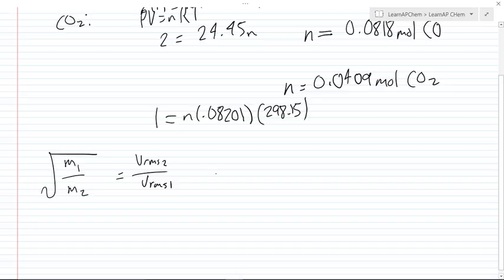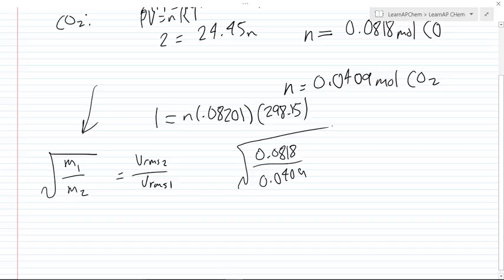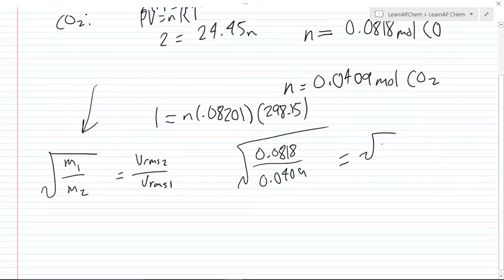Alright, so let's actually do this left-hand side. My m1 will be CO, so m1 is 0.0818 over m2, 0.0409, square root. Okay, so doing that, this is going to come out to approximately the square root of 2.